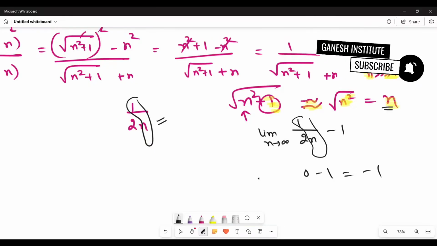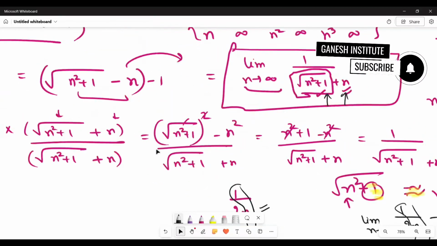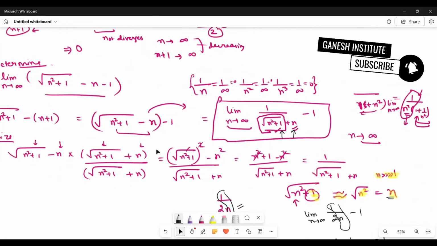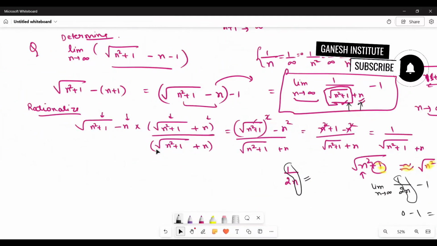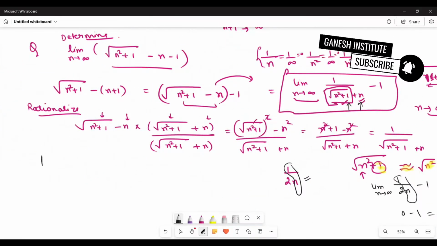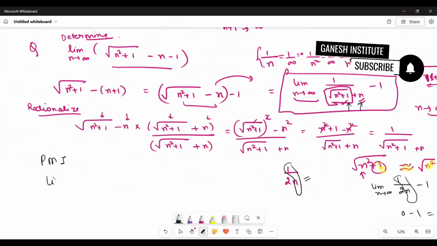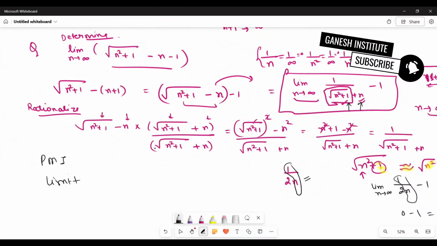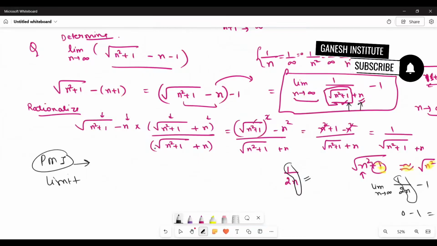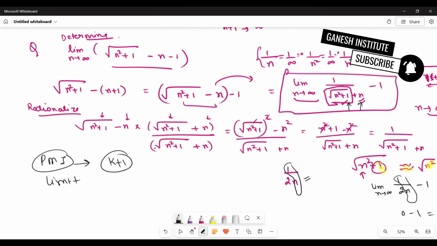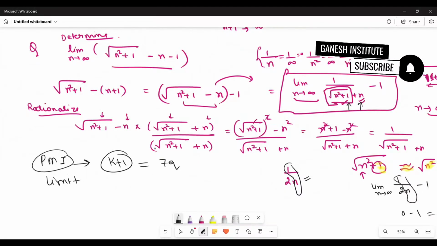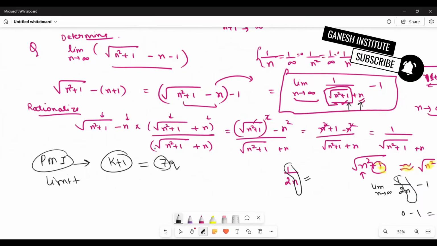So this was critical to think that, okay, rationalization. Whether it is PMI or this limit question, the trick is, for PMI, you have to make the k plus 1 in such a manner. For example, if it was 7 times something, try to make it 7 form.